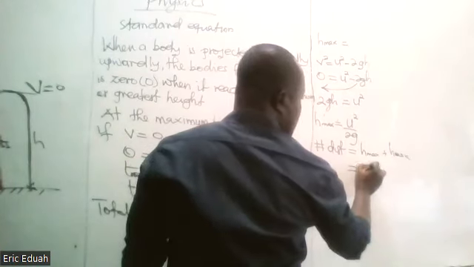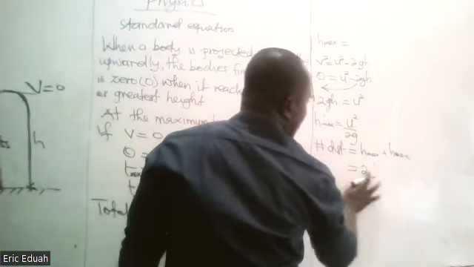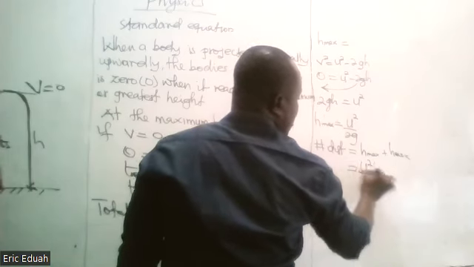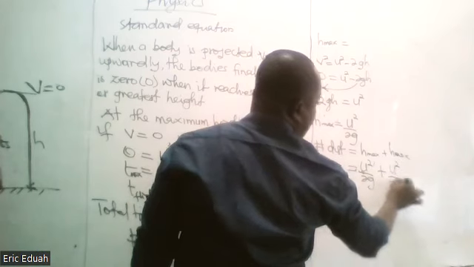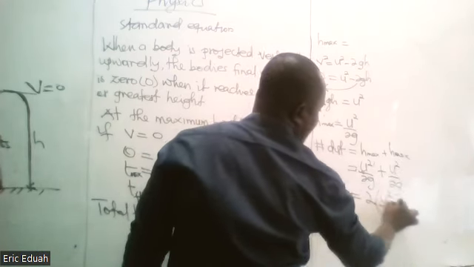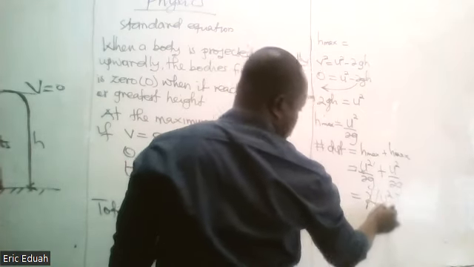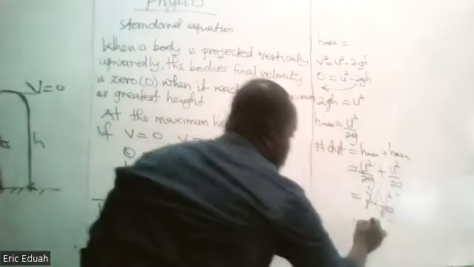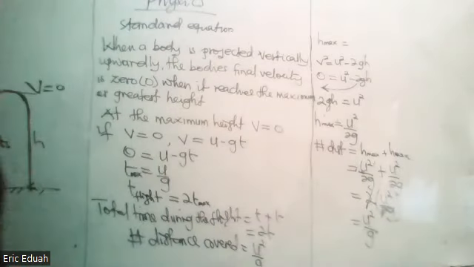So I have U squared on 2G plus another U squared on 2G, and this is the same as 2 times U squared over 2G. 2 and 2 will cancel out. Therefore, total distance will be equal to U squared on G. All is well.